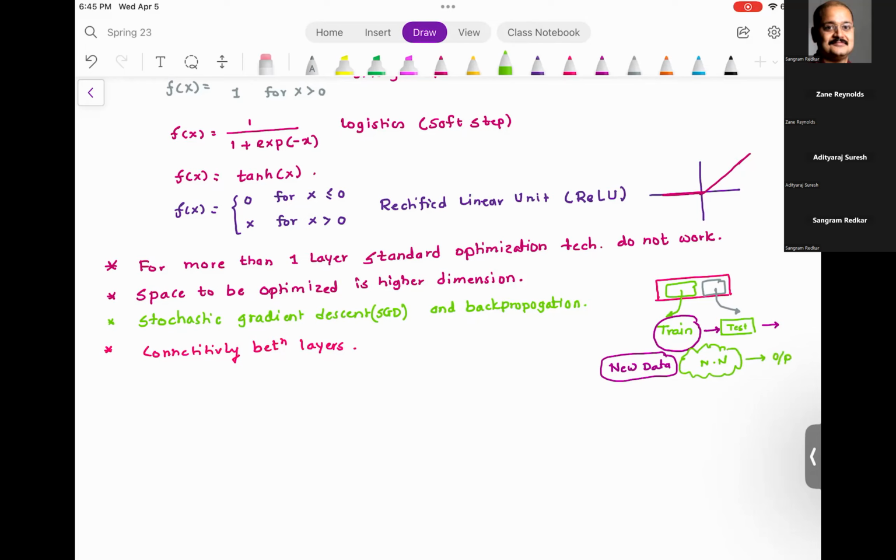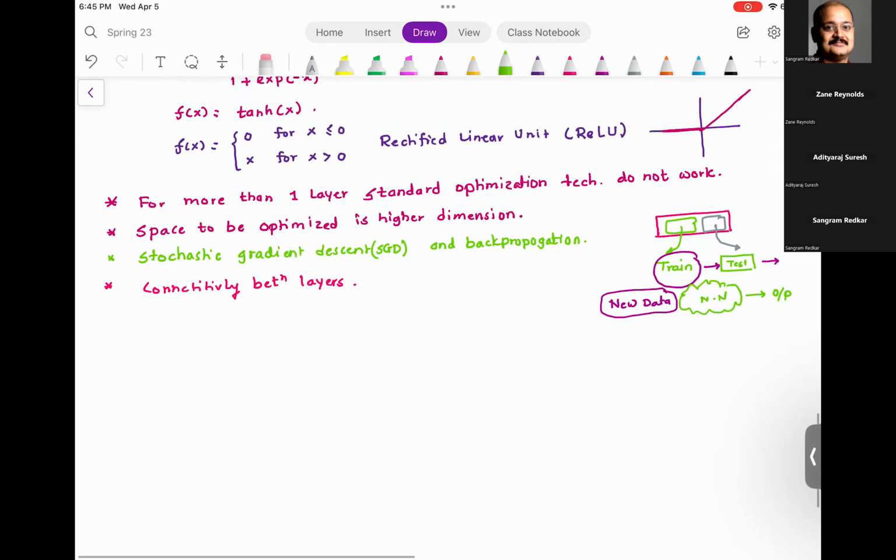So one important component of this training is something called back propagation. And at bare minimum, backprop is nothing but a variation of an optimization algorithm where the weights or the coefficients are tuned so that you get the best possible result. So we are going to talk about back propagation.